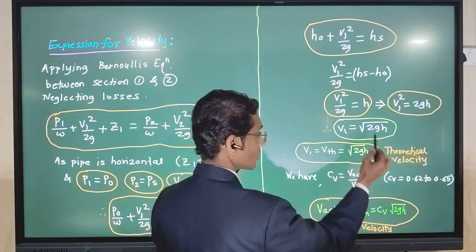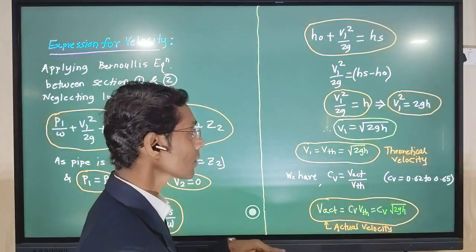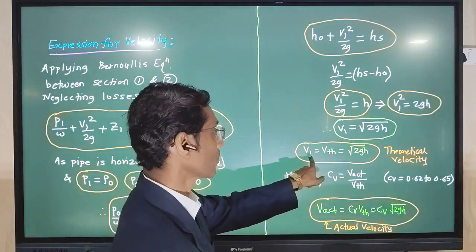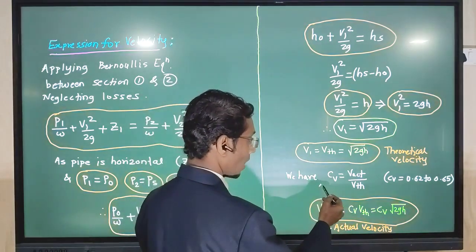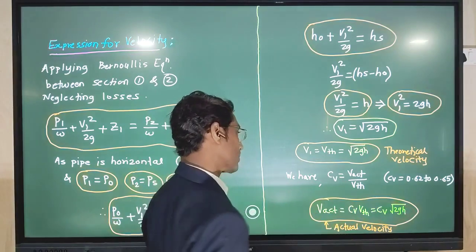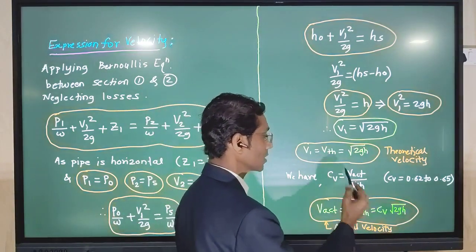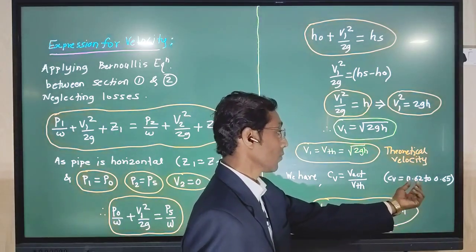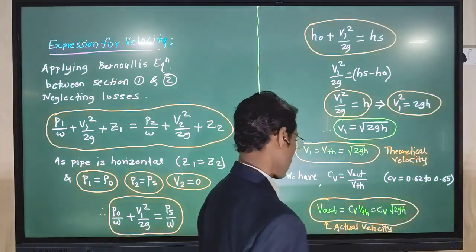So this is the formula for the theoretical velocity of the fluid passing through the pipe, the theoretical velocity at point number 1. Now we have the coefficient of velocity, the hydraulic coefficient, that is the ratio of actual velocity to theoretical velocity, where the range of CV value is given as 0.60 to 0.65.